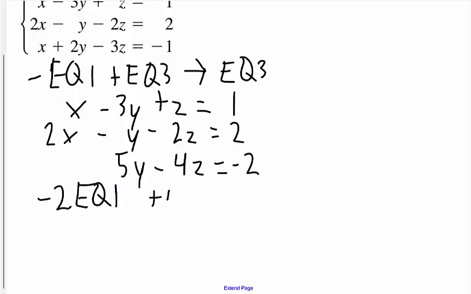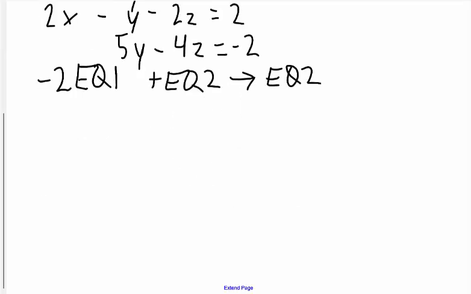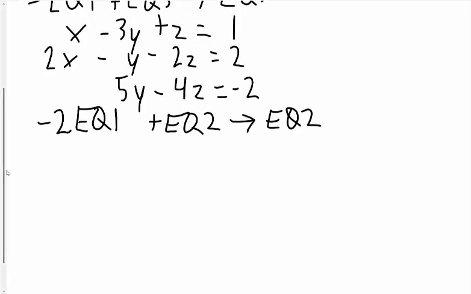We're going to add equation 2, and we're going to replace equation 2. So if we do that, equation 1, let's go back so we can see it, is still x minus 3y plus z equals 1. All right. Negative 2 times equation 1 and add it.